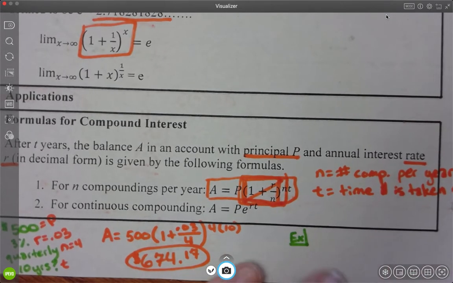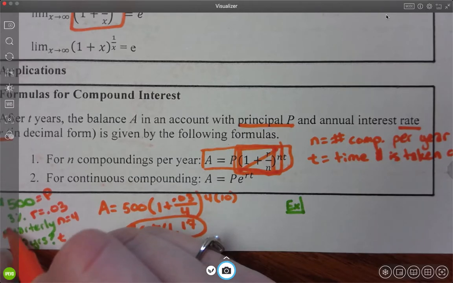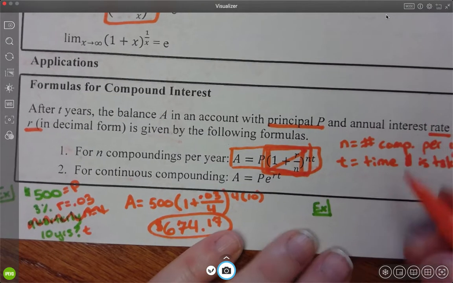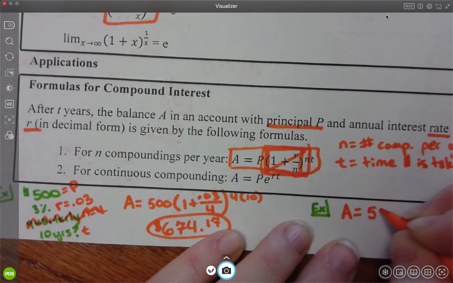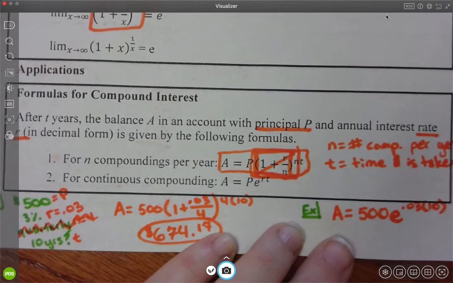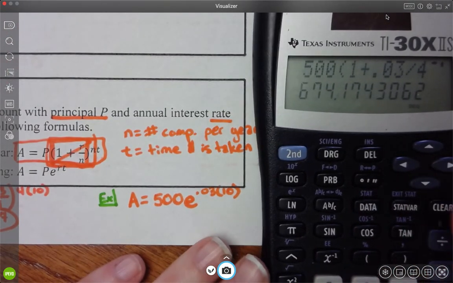So now I'm going to do the same information, but rather than quarterly, I'm going to do compounding continuously, which means like every blink of an eye, I'm compounding my interest, okay, and figuring out what that would be. So for PERT, A equals P, which is 500, times E to the interest rate, 0.03, times T, which is 10, okay? And this is a much easier, nicer equation that I like dealing with.